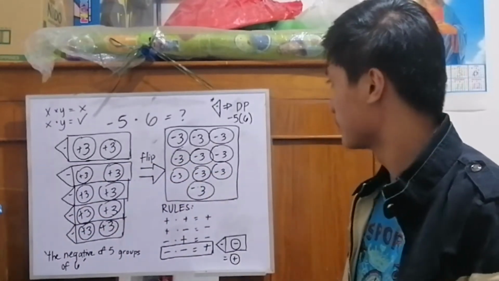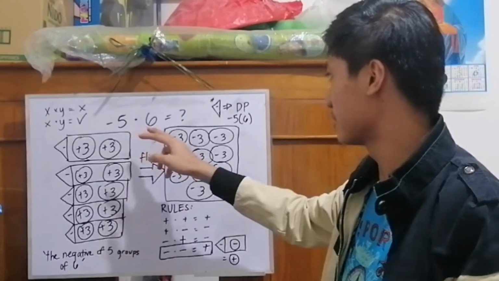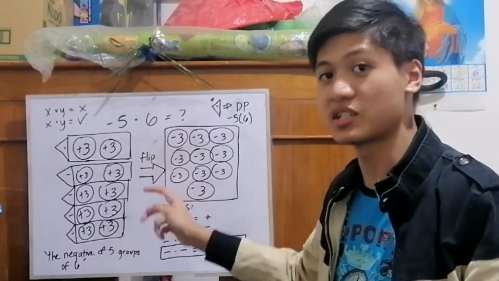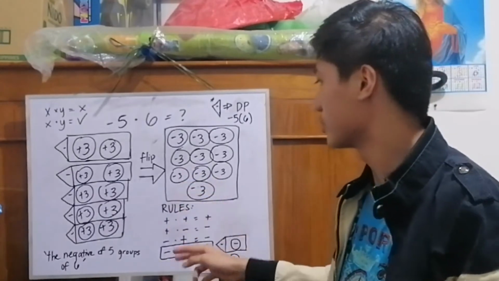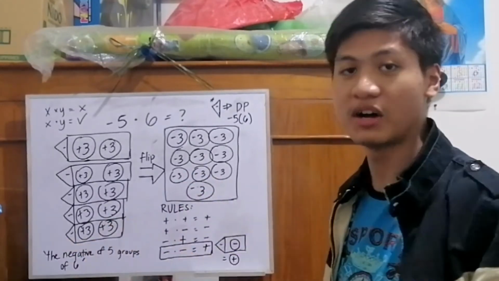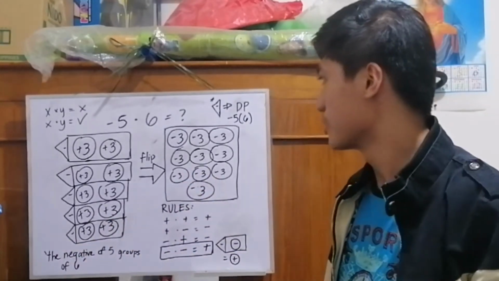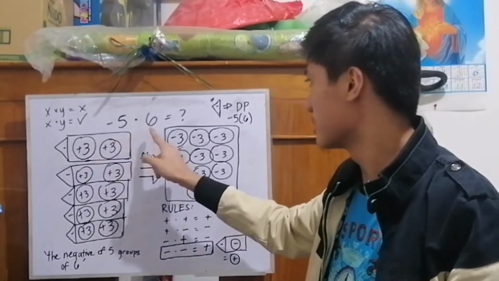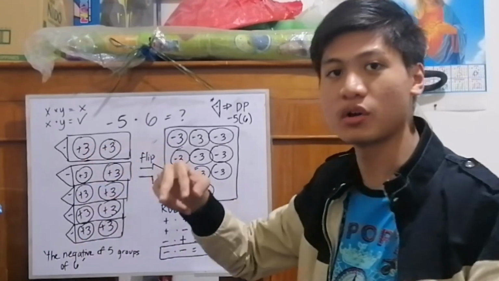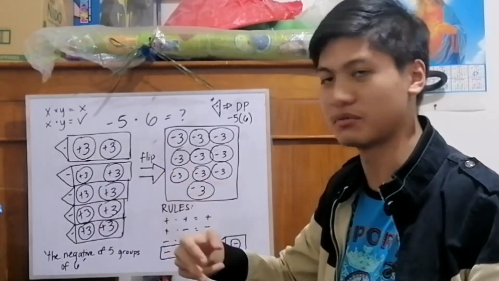Now, to read negative 5 multiplied by 6, if we're going to use algebra disks, all you have to do is make it the negative of 5 groups of 6. So we represent positive 6 as 2 coins of positive 3, I mean.